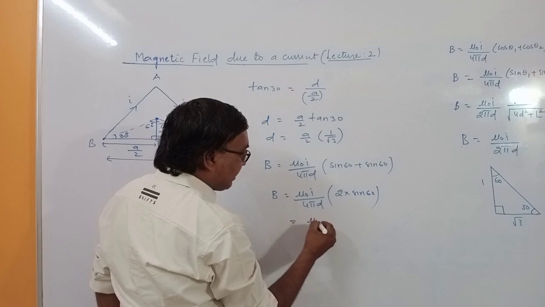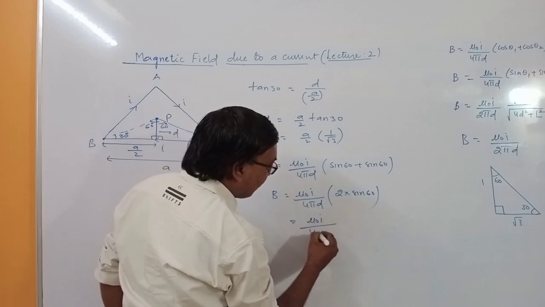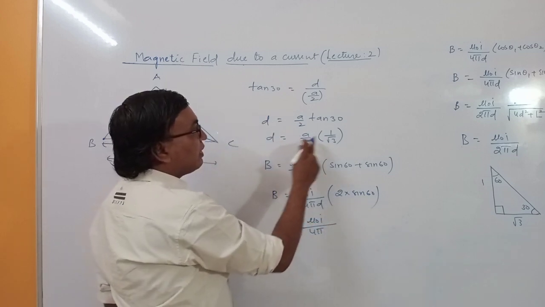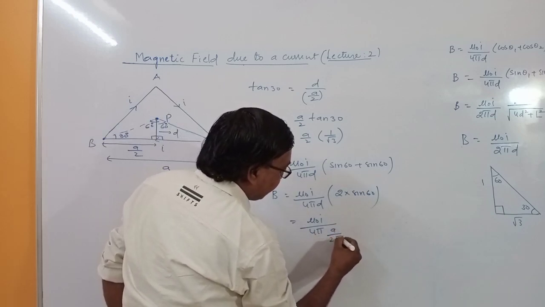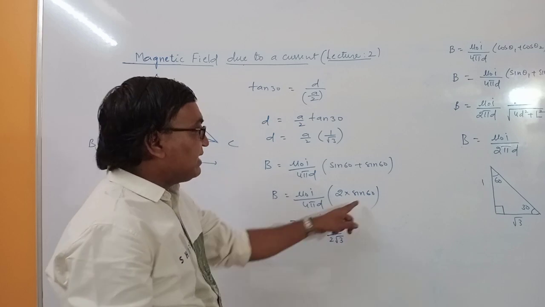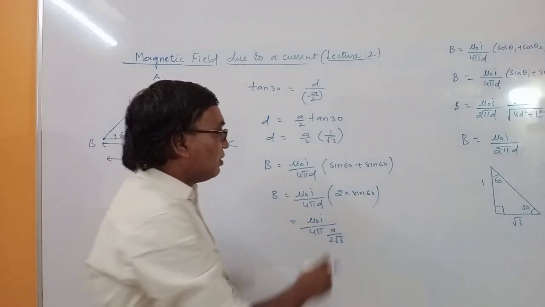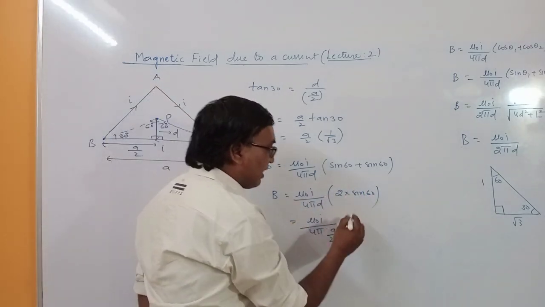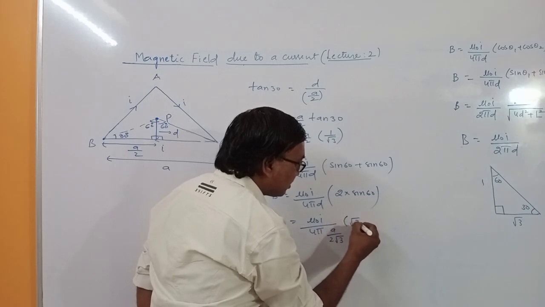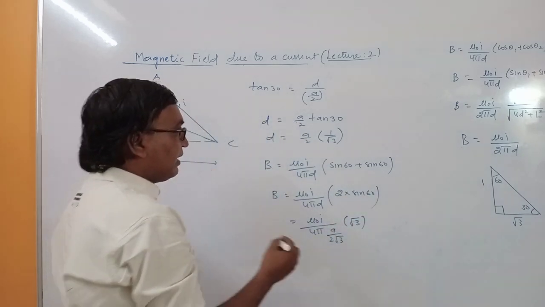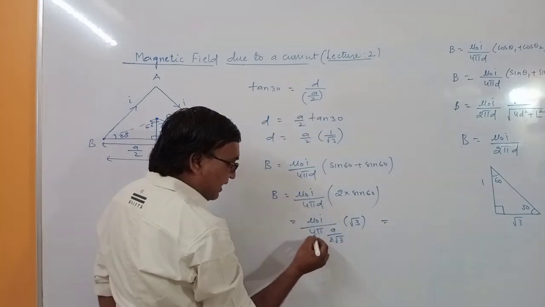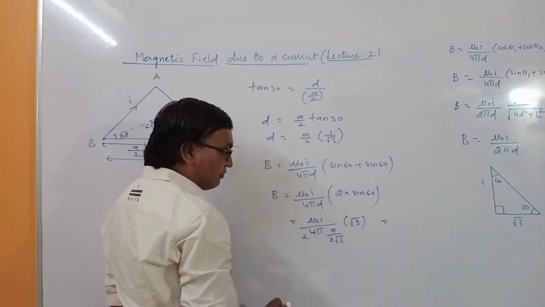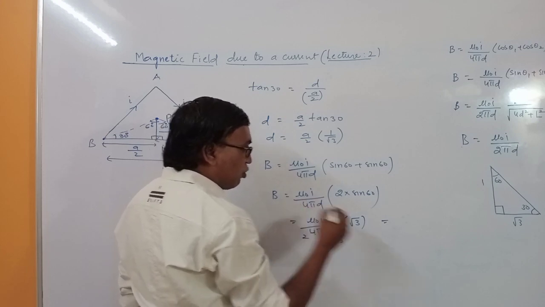So mu naught I upon 4 pi, A by 2 root 3, and sin 60 is root 3 by 2. So 2 root 3 by 2, so you will have root 3. Then the magnetic field will be equal to, so 2 will get cancelled with this. So here you will have 2 and root 3 will go up.